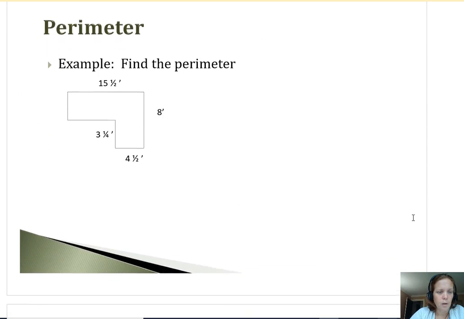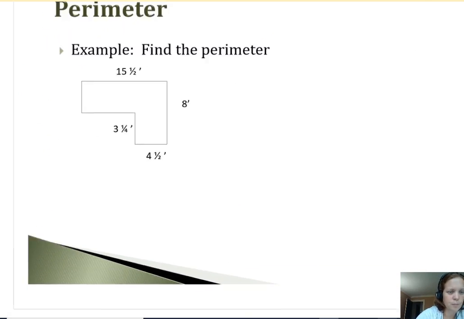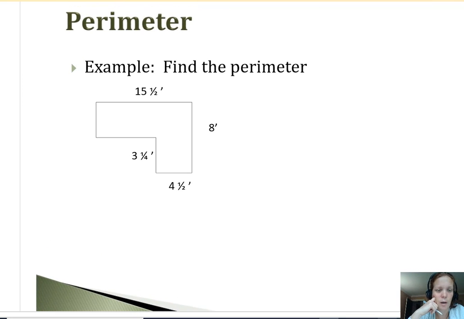Okay, now the next one. This one has 6 different sides, so it's kind of rectangular, but it's not just a perfect shape. So I need to probably do some figuring out of these missing sides. So this vertical side that I don't know, well, if I have 3 1/4 and then the full amount is 8, I'll subtract that. 8 minus 3 1/4 should be 4 3/4 or 4.75.